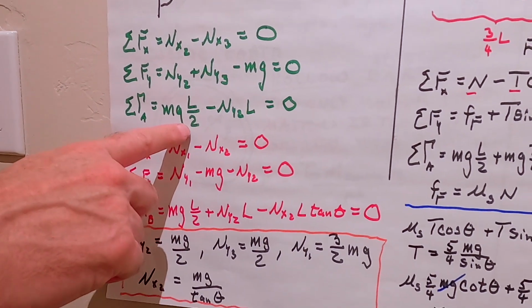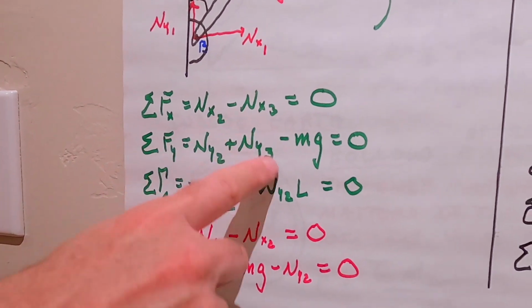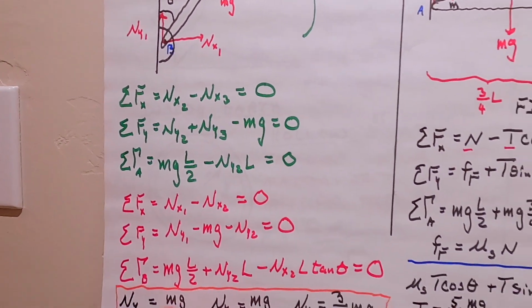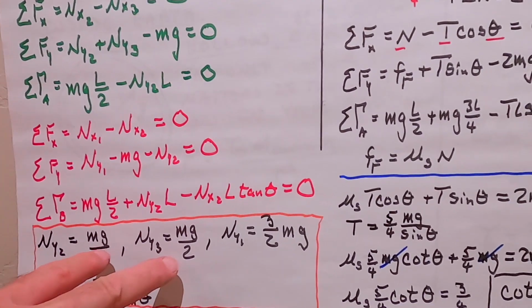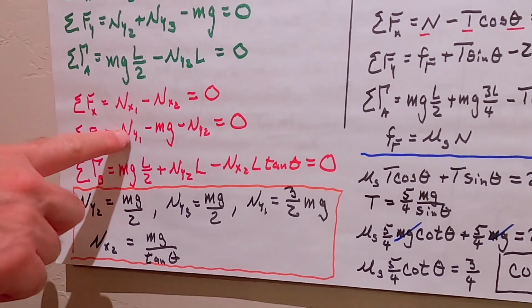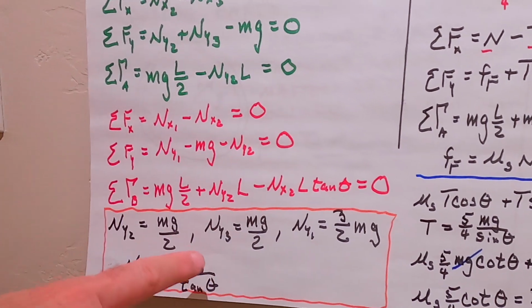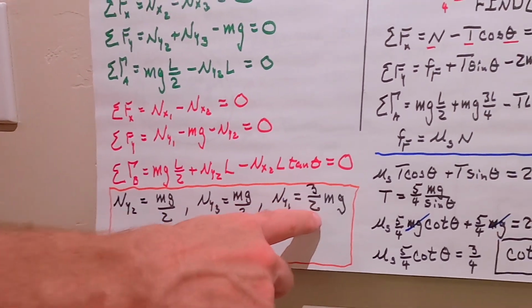Cancel the L's. And if this is half the weight, this must be the other half of the weight, because it equals mg. So these two are just equal to half the weight. Now if I wanted to get NY1, I could come over to here. NY1 is mg plus NY2. So it's this plus mg, so it's 3 halves mg.